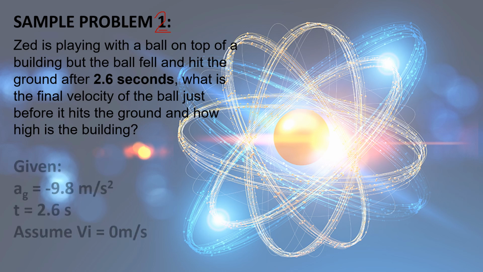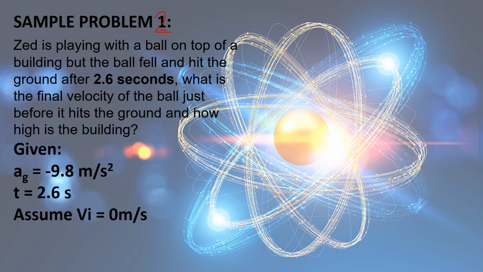So we have here the givens: the acceleration due to gravity, which has a constant value of negative 9.8 meters per second squared. This value is constant, meaning it will not change. Always, if there's a problem regarding the force of gravity, the value is negative 9.8 meters per second squared.